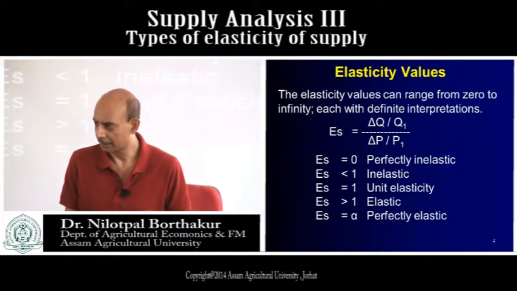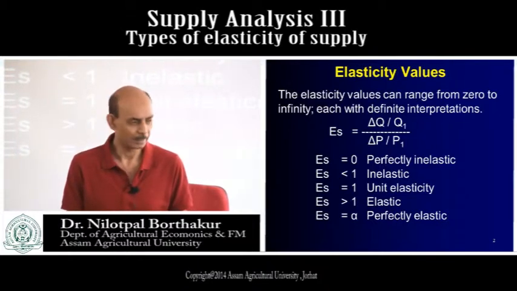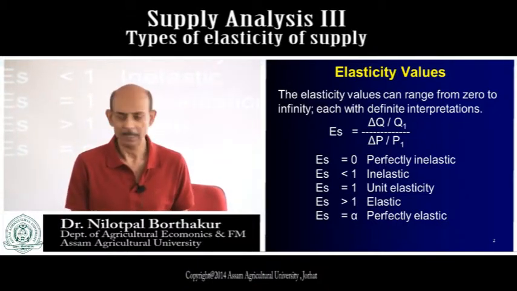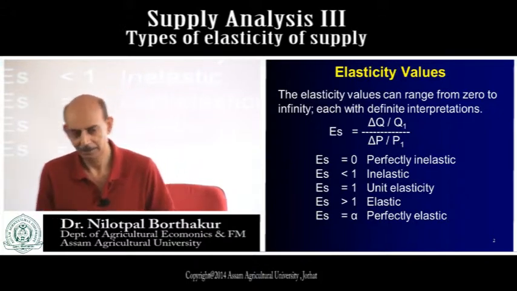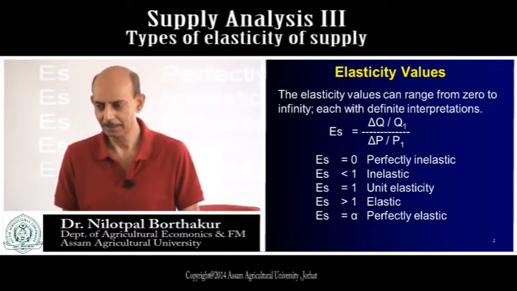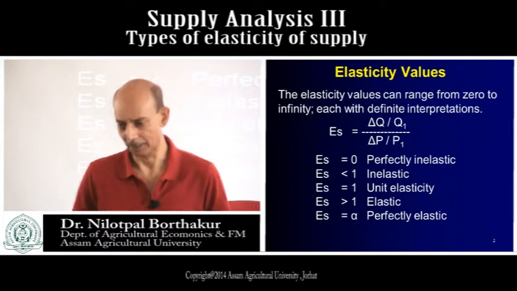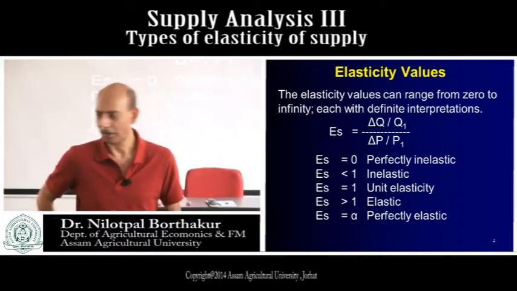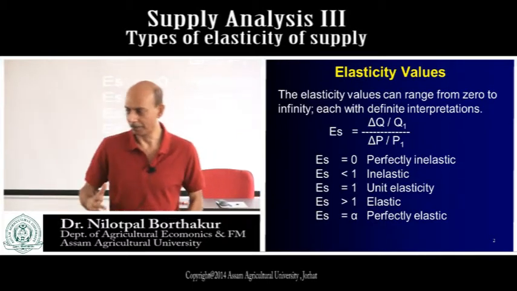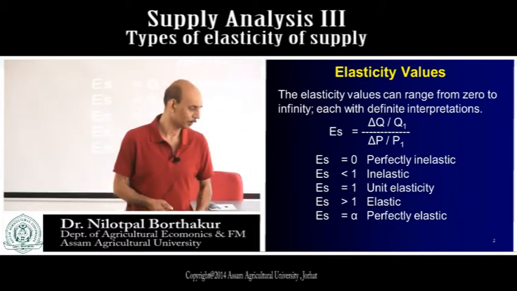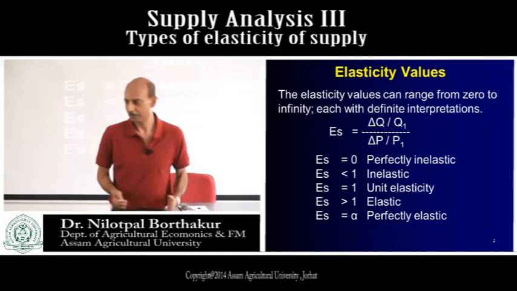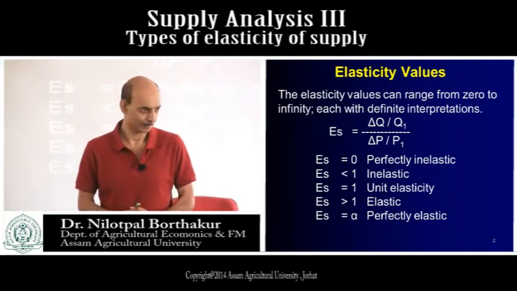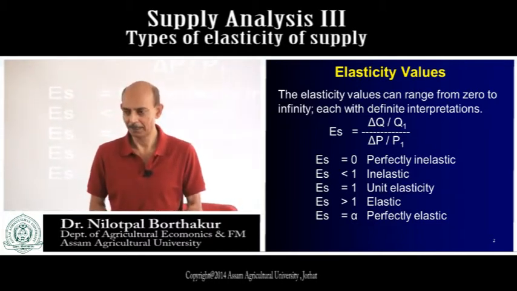If it is greater than 1, it is elastic supply. And if it is infinity, this becomes perfectly elastic supply. Perfectly elastic and perfectly inelastic situations we find very rarely.